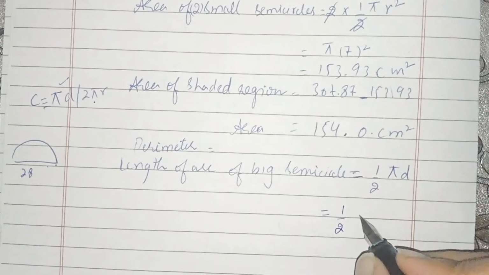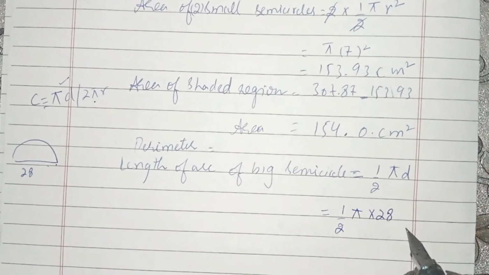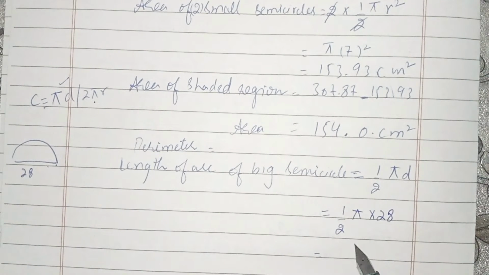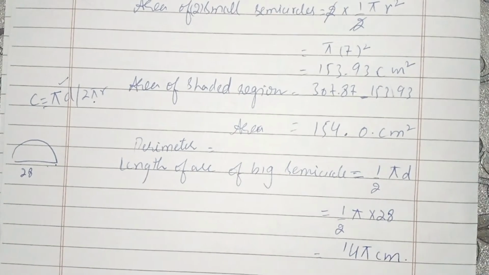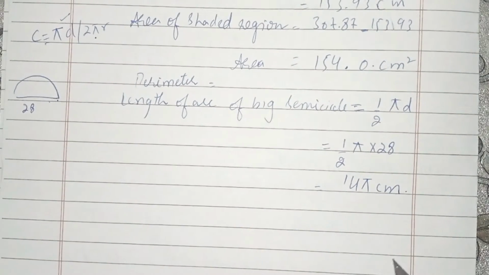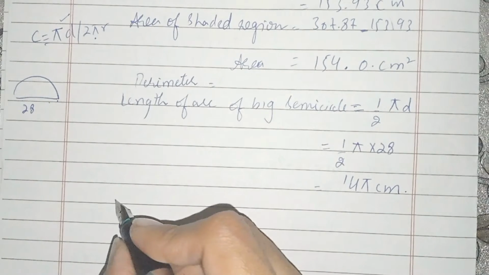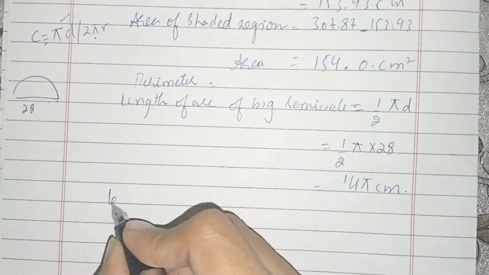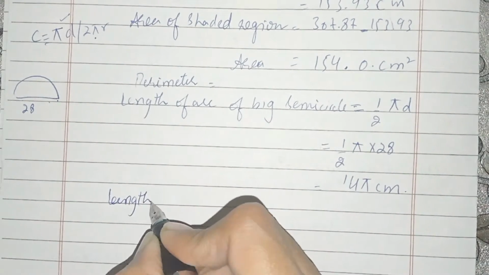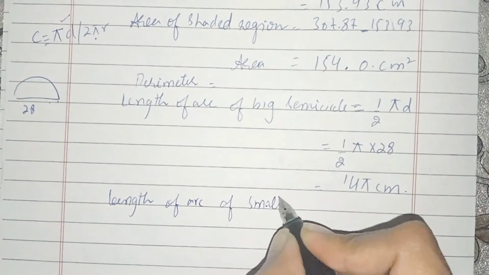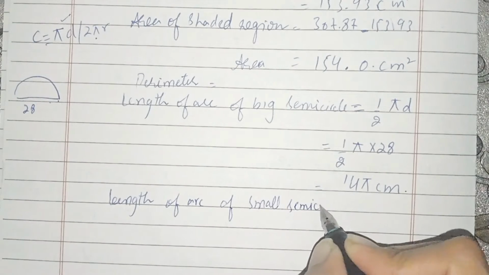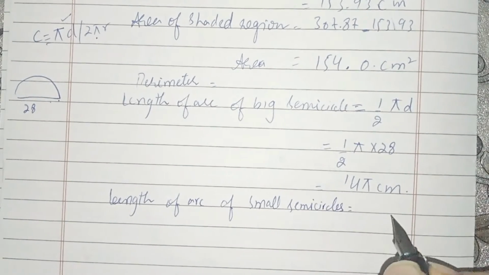Now 1 by 2 pi multiply by 28, and we get 14 pi centimeter. And now students, in the next step, find the length of arc of small semicircles.